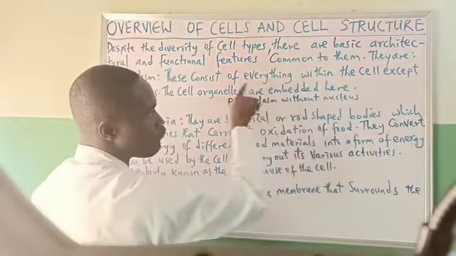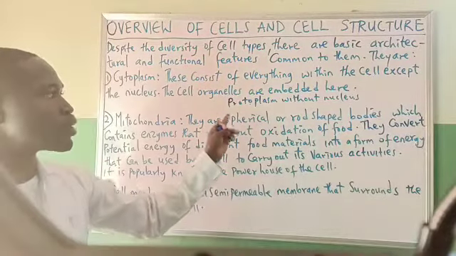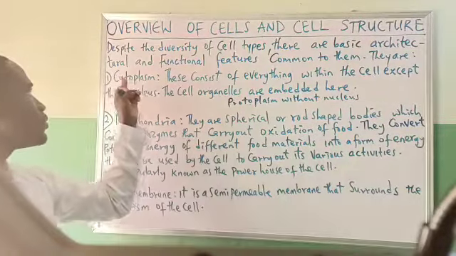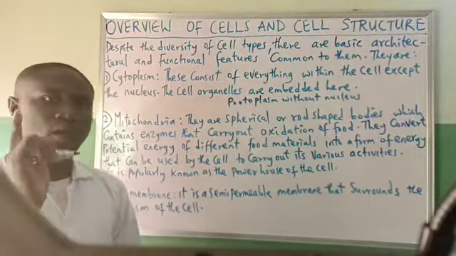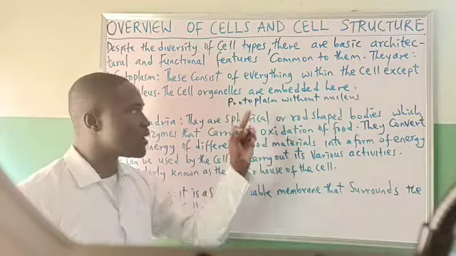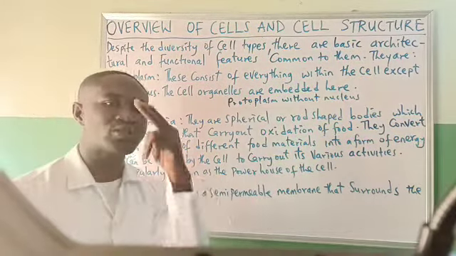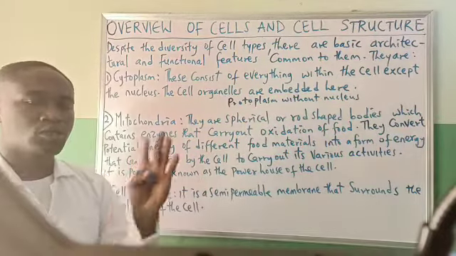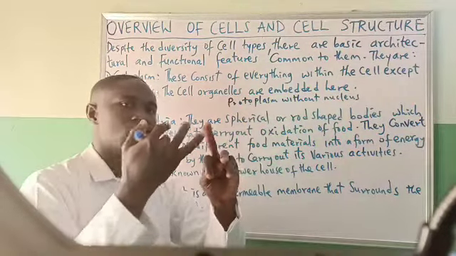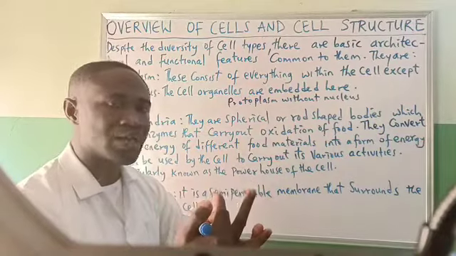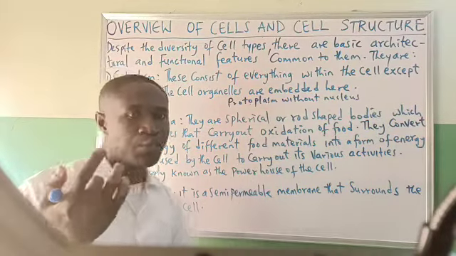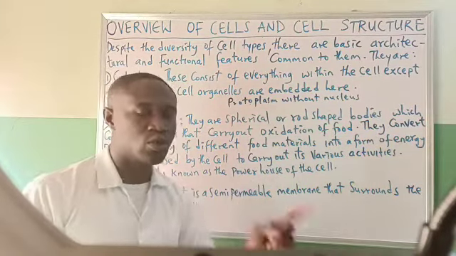That is the summary of what you see on the board. Protoplasm without nucleus is a simple definition of cytoplasm. But if they ask you what is protoplasm, it's cytoplasm with nucleus. So you see, they are in two ways. Cytoplasm is protoplasm without nucleus. Protoplasm is cytoplasm with nucleus.